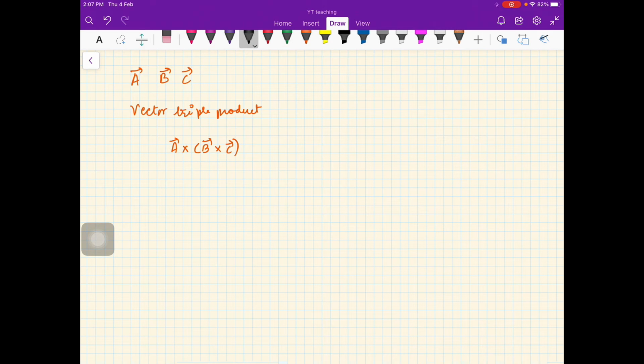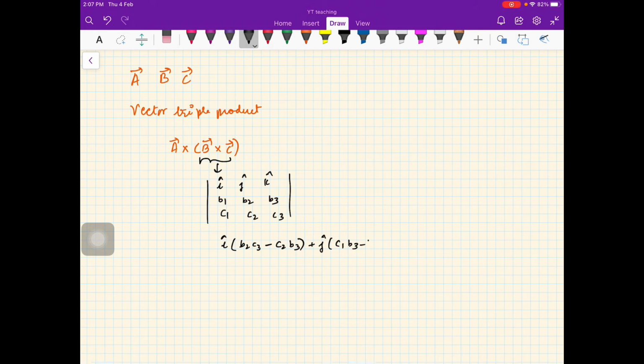This is defined as, you just find the cross product here. So for that you will have i, j, k, B1, B2, B3, C1, C2, C3. So you'll get a vector which is i (B2 C3 minus C2 B3) plus j (C1 B3 minus B1 C3) plus k (B1 C2 minus C1 B2).